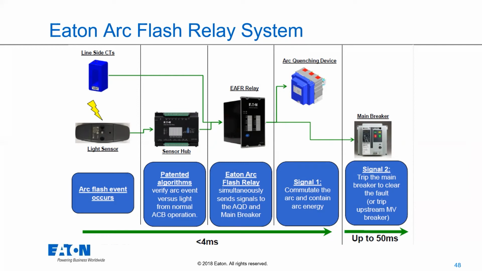So it's going to try to redirect the energy coming and contain that arc energy and trip the upstream device, whether it's a breaker, it could be one of those, it could be a shunt trip fusible switch as well. And so it'll do both of those, and it'll do it a whole lot faster than that breaker or that upstream fused switch would do otherwise. So this is how that arc flash relay system would work for you.